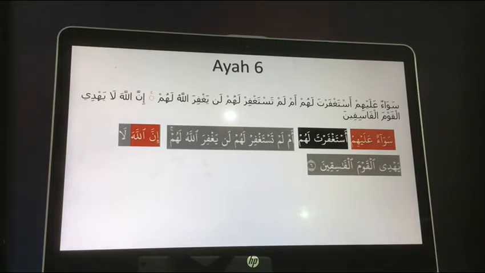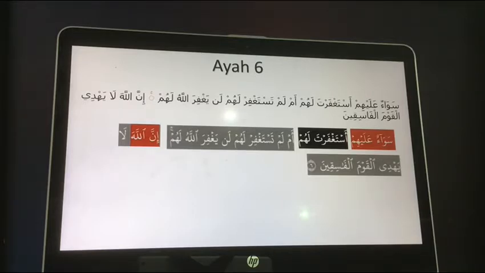Astaghfarta lahum. Okay, now this one, astaghfarta, what is this? We had istaghfar before also, so astaghfarta is what version? Is it present, past, future? Commanding? Requesting? Seeking forgiveness. Is it past tense or present tense? It's past.